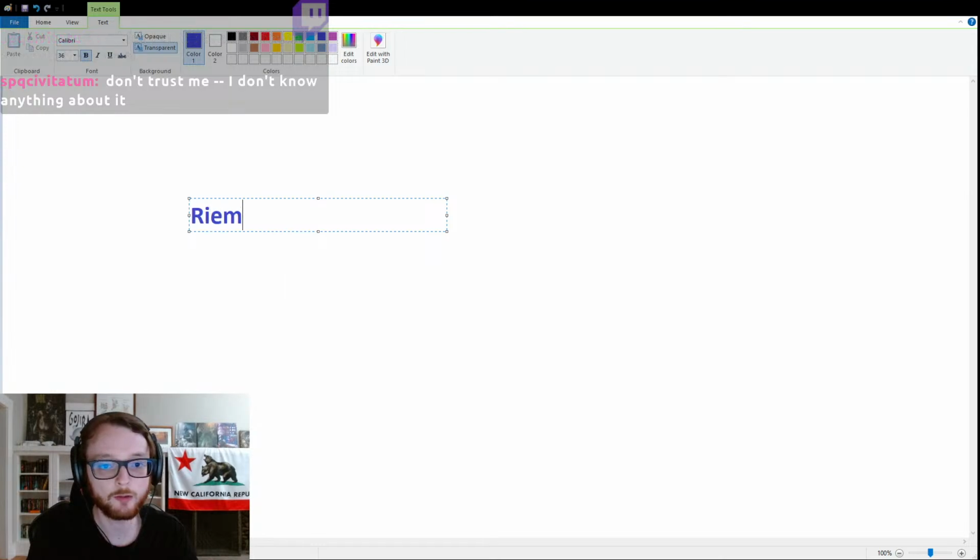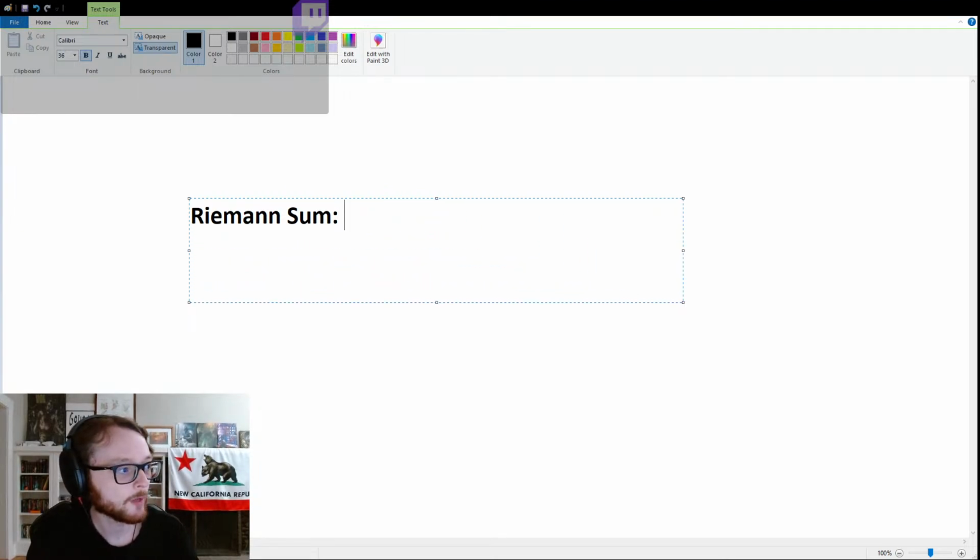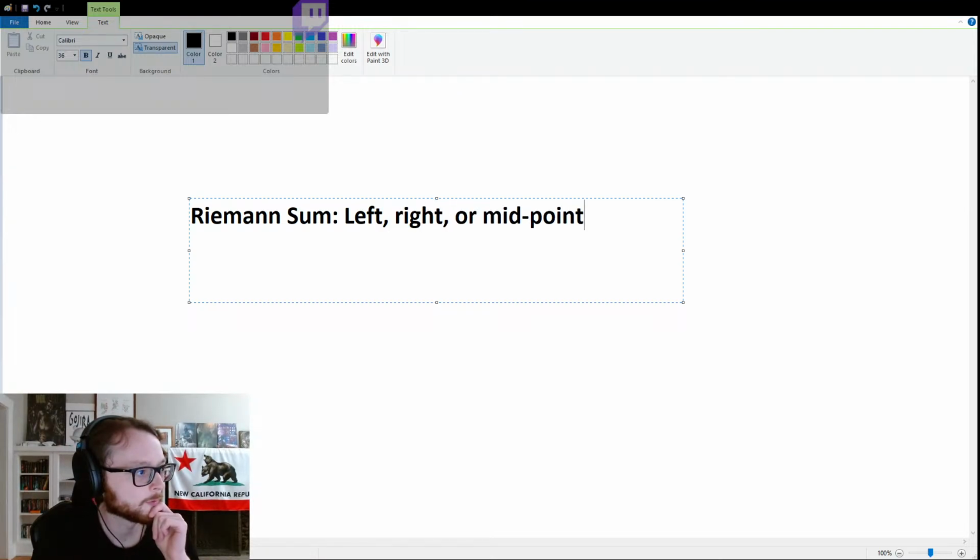If you take a Riemann sum, you have a choice of doing a left, right, or midpoint Riemann sum, or middle, or whatever the commonly used term is.